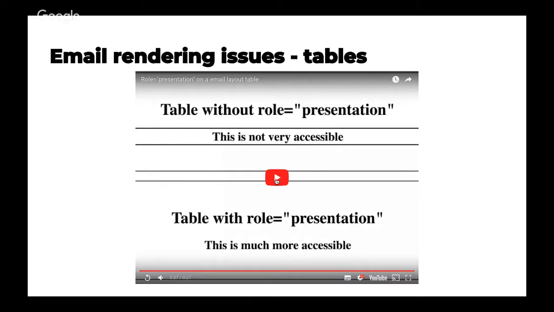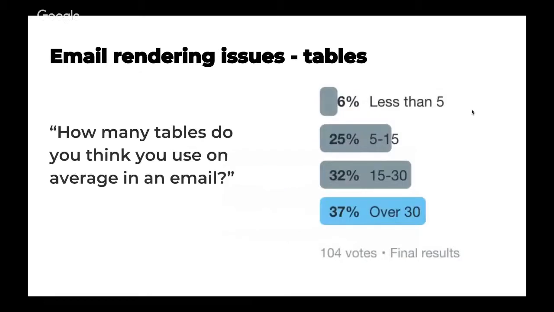And I did a little poll on Twitter. I asked, how many tables do you think you use on average in an email? Got 104 responses to that. So this is by no means scientific. It's just a very small segment.